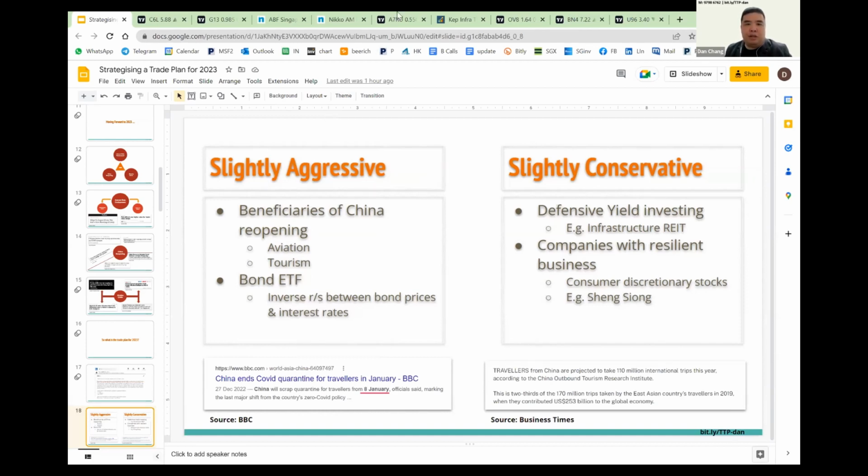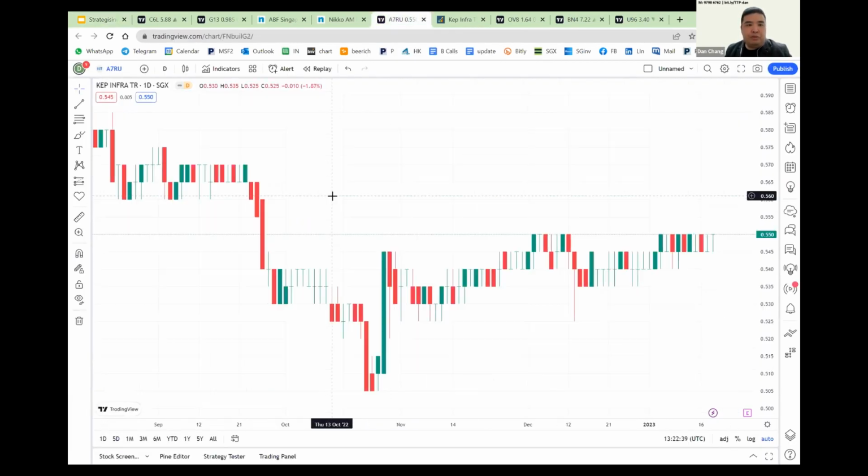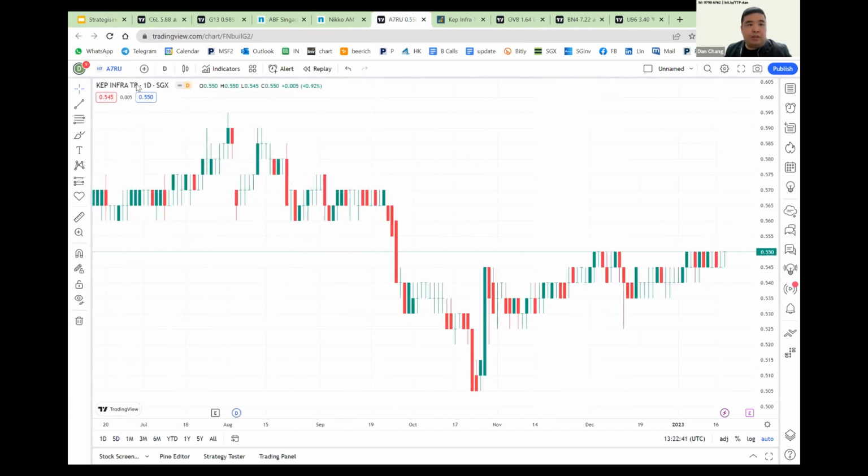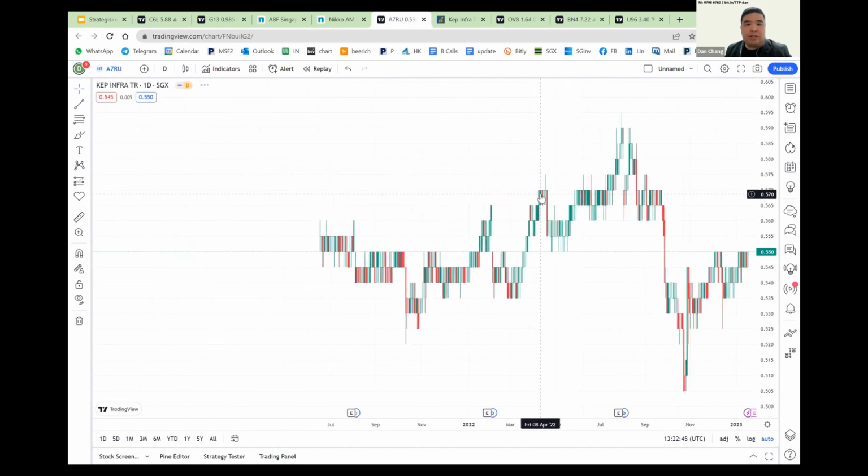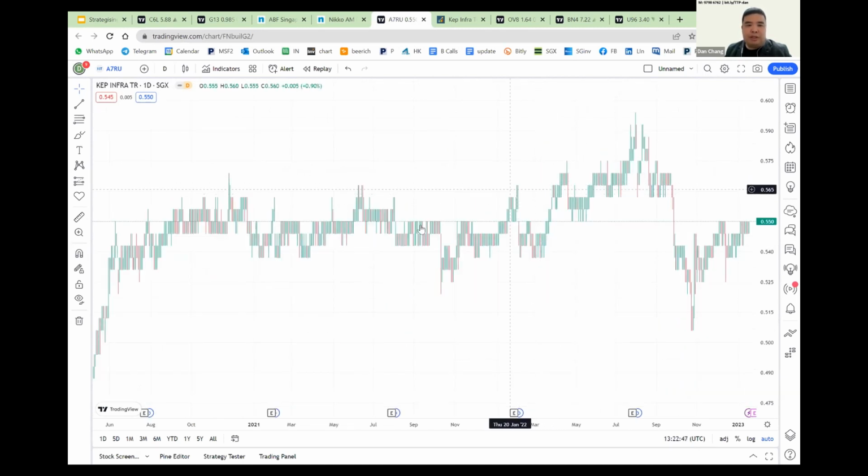So you can take a look. This is the chart of Capital Infrastructure Trust. As you can see, they are very, very stable, even way back to 2021. The price has always been very stable, from about 52 cents to about 56 and a half cents. So they have been very consistent. Once in a while when there is good news, they go up.